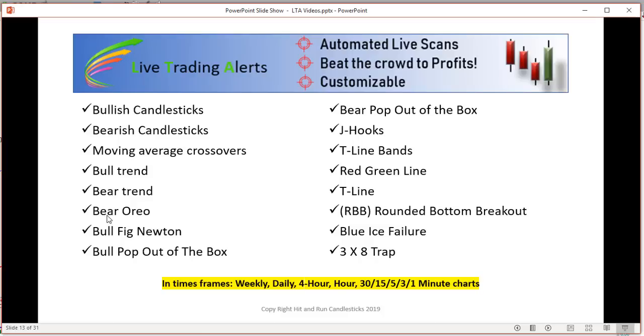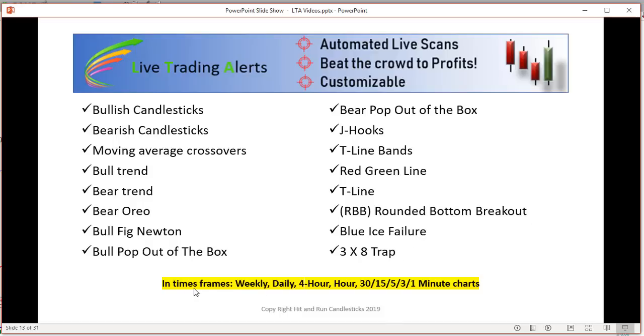If you want to find a bear Oreo chart pattern, we can do that. The Fig Newton chart pattern, the pop out of the box, automatically handed to you right in your lap. The bull pop out of the box, the bear pop out of the box, J hooks, T-line bands, the red-green line, T-line scans, the rounded bottom breakout that we're talking about today, the blue ice failure, the famous 3-8 trap.